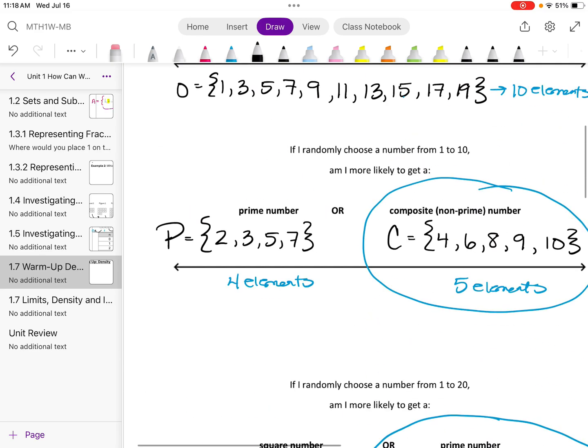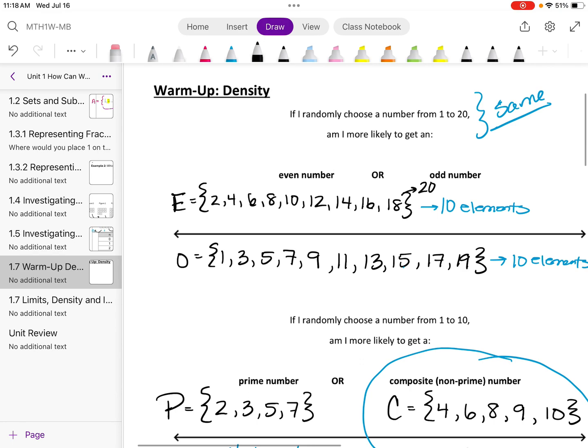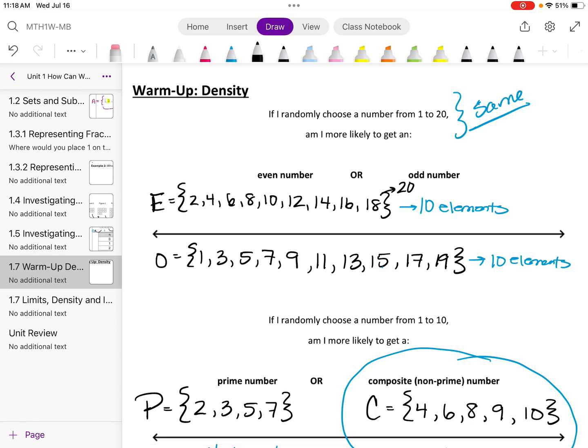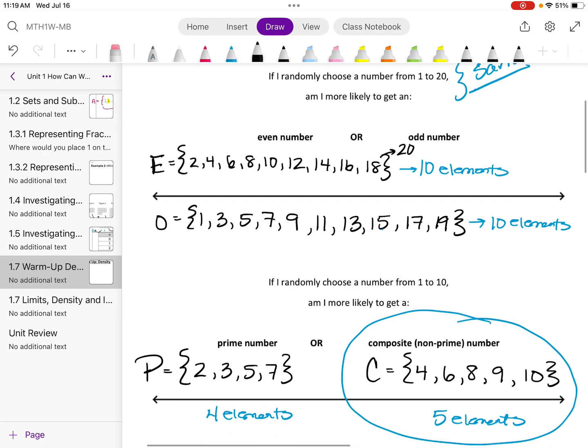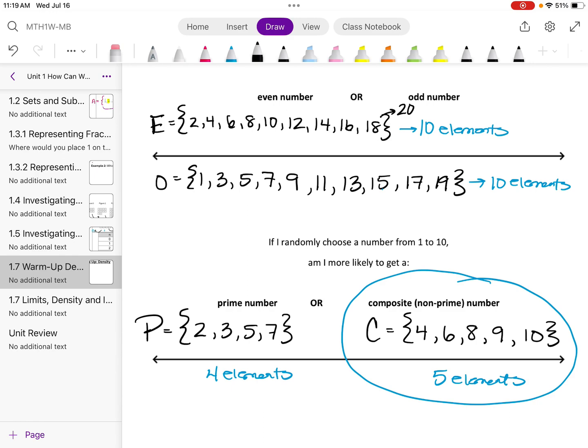So if I go back through our examples, our even and our odd sets have the same density because they both have the same number of elements in them. My composite set, because it has 5 more elements compared to my prime numbers, is more dense.